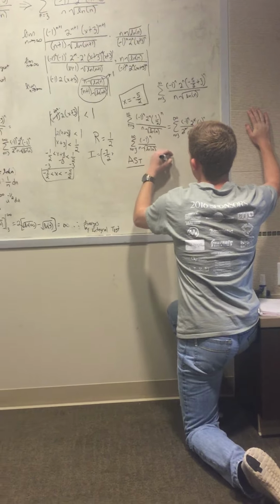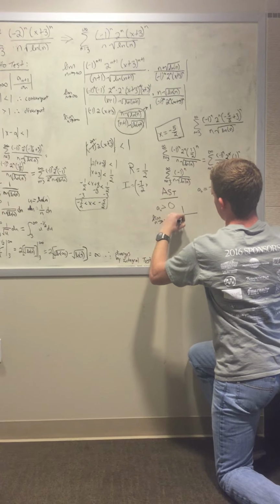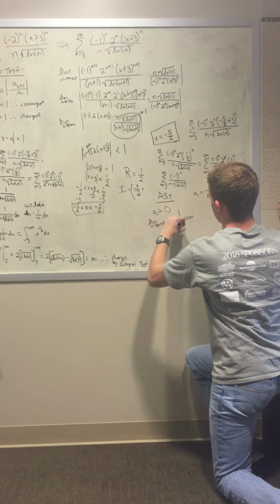So we know that a sub n is positive. We know that the limit as n goes to infinity of 1 over n square root of natural log of n will equal 0 because the function is being dominated by the denominator.